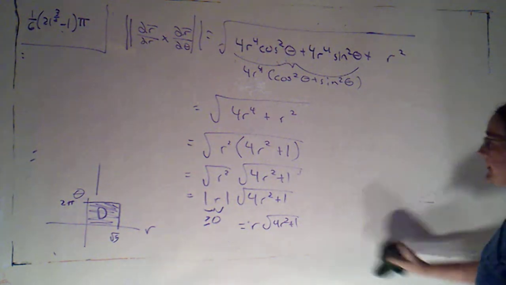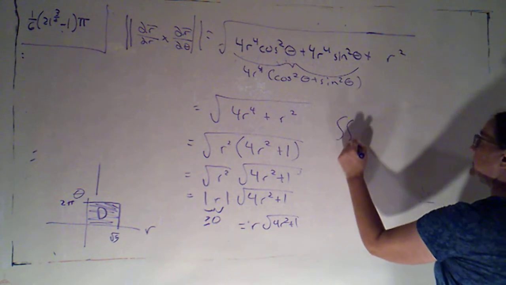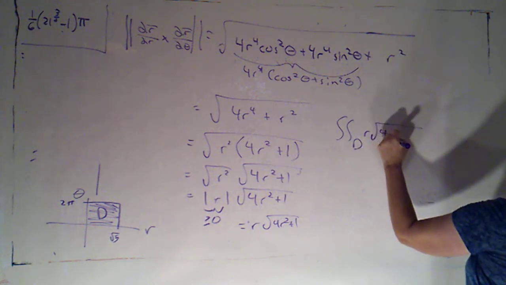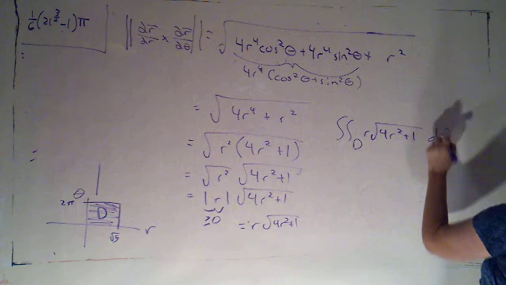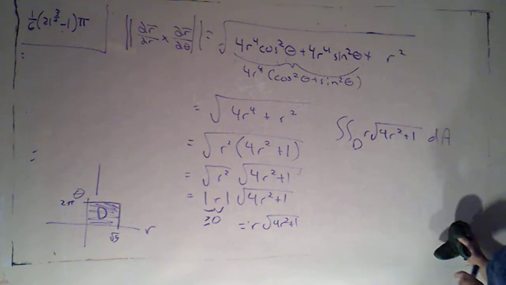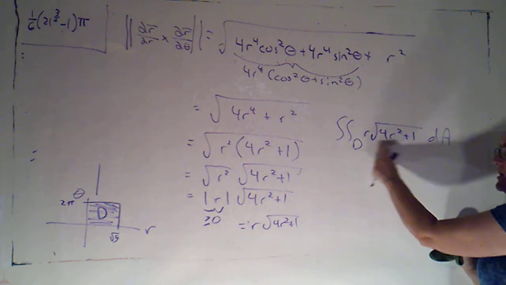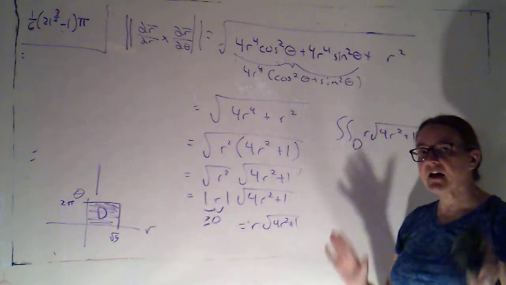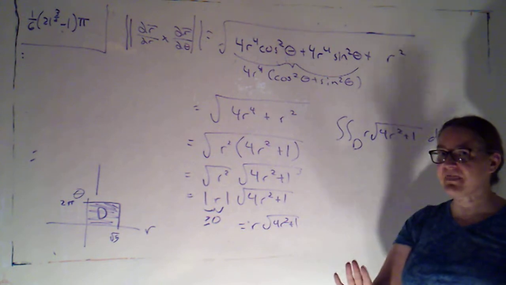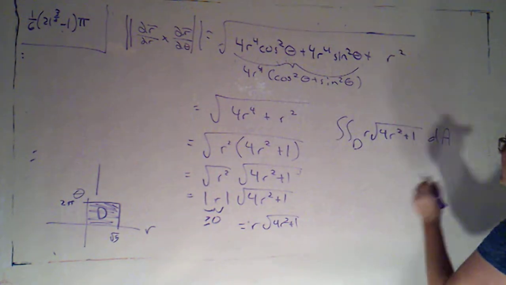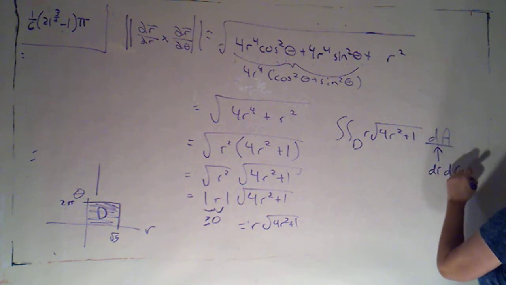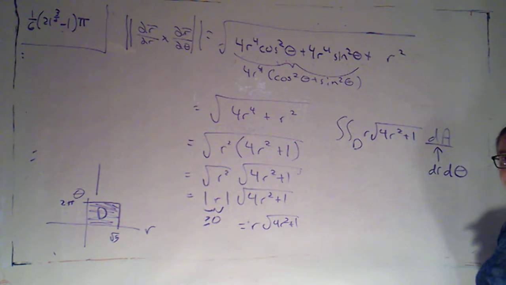So at this point, I can say, okay, we're getting the double integral over D of r times root 4r squared plus 1 dA. But here, I'm already working in the r theta plane. So I am not switching to r and theta. I'm already working with them. They're my rectangular coordinates. This dA is just dr d theta, because I am not switching to polar coordinates.